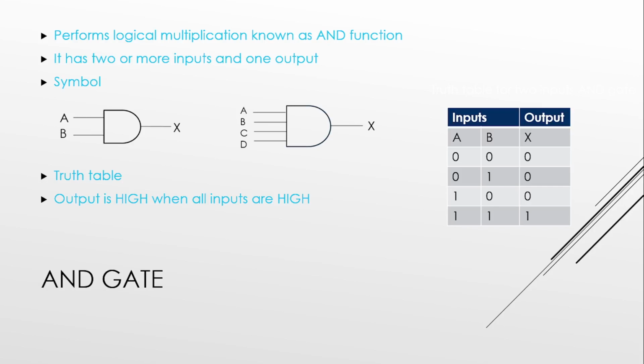So it was about AND gate, and in this way we studied 3 basic gates: NOT gate or inverter, OR gate that performs logical addition, and AND gate that performs logical multiplication. Important to note that it is only the inverter or NOT gate which has a single input, while AND as well as OR gate has 2 or more inputs.